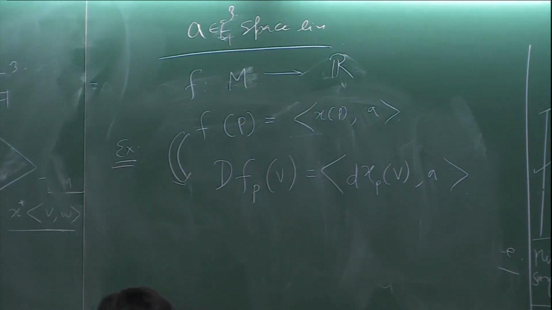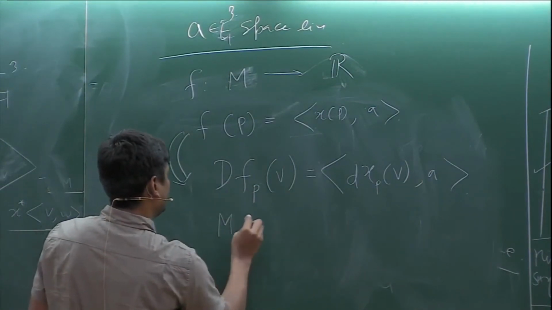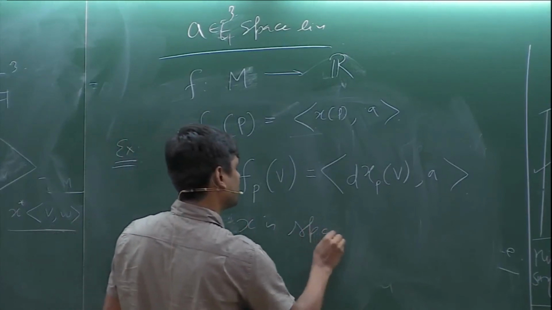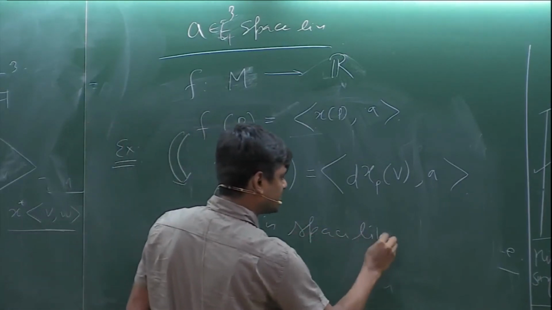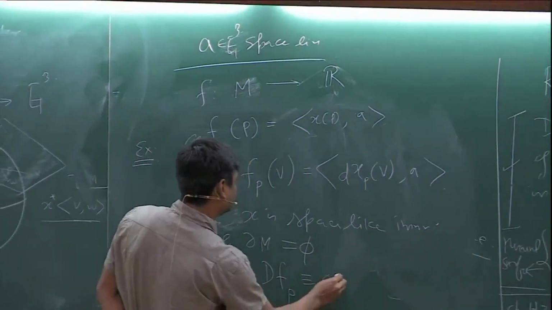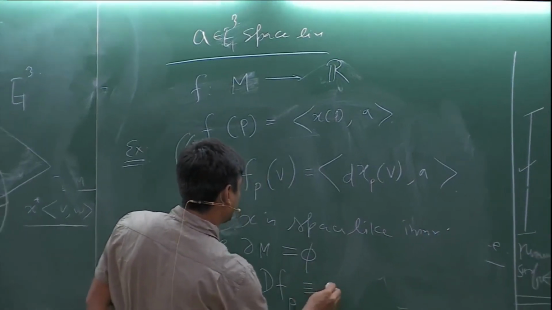Suppose X is a space-like immersion. Assuming M is compact, there will be some point P naught where dF at P naught is the zero map.